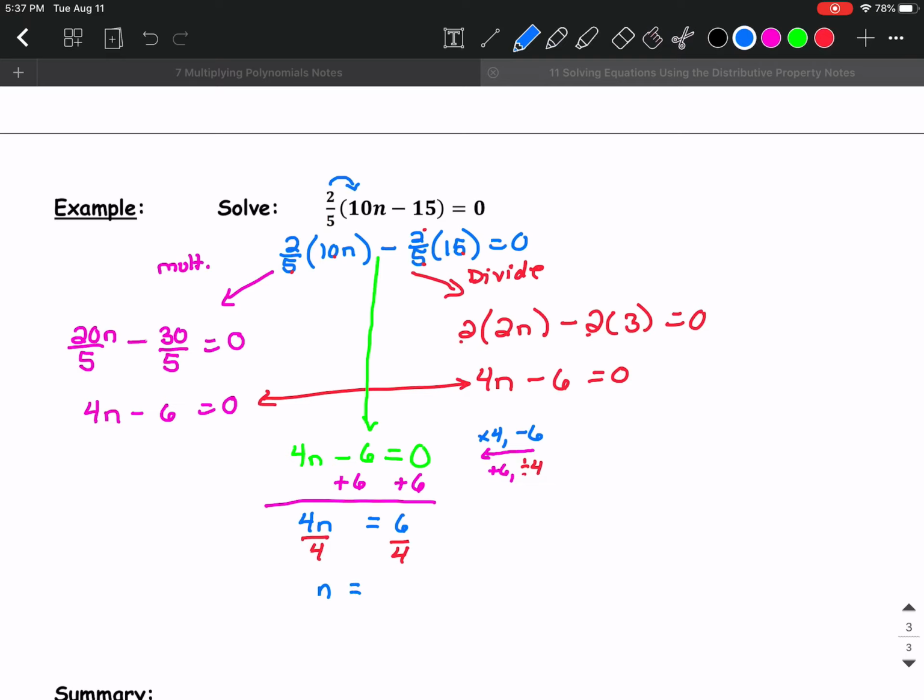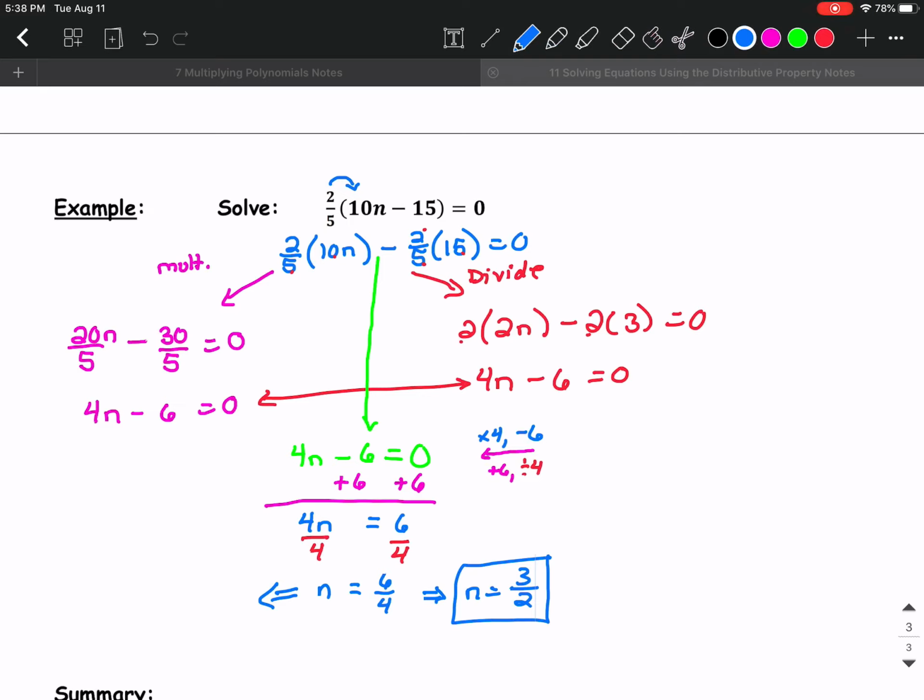4n divided by 4 is just n because the 4's cancel out. Now 6 divided by 4, yeah, that's a fraction. You could reduce that to 3/2, and that answer is perfect. Depending on which calculator you're using, if you're using our TI Inspire calculators and you type in 6/4, it's going to tell you 3/2 as your simplified answer.